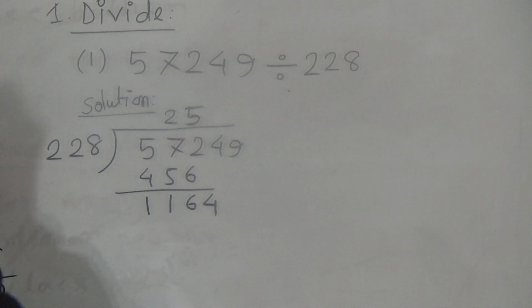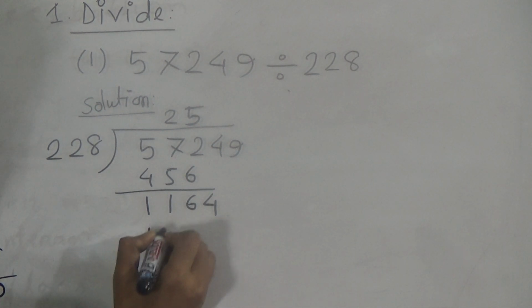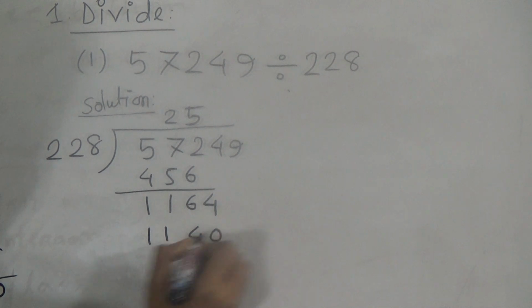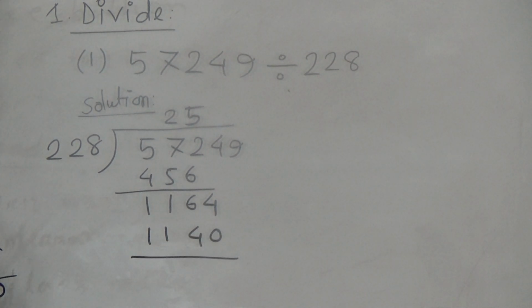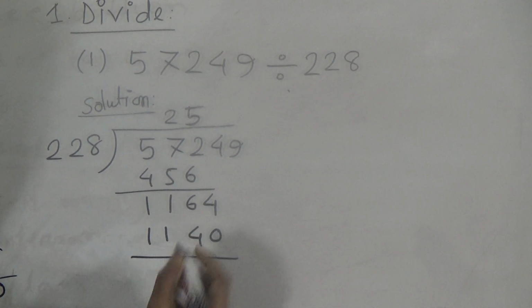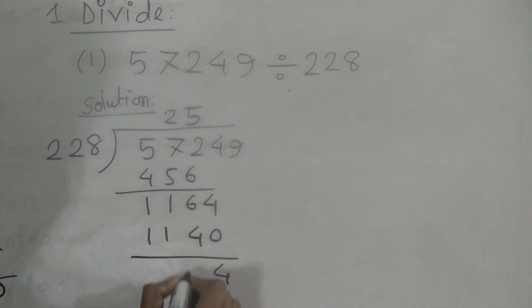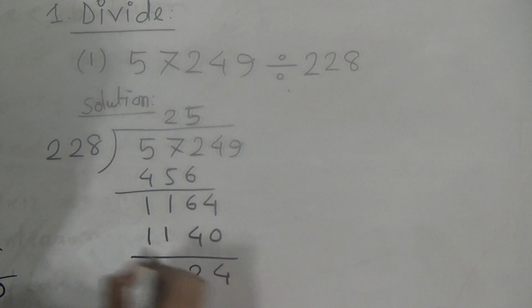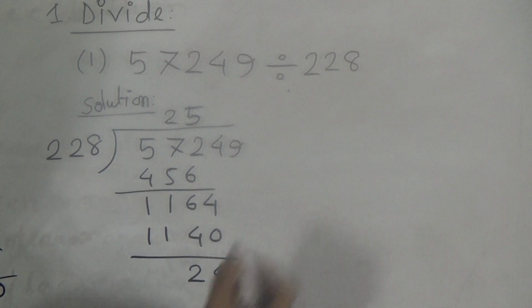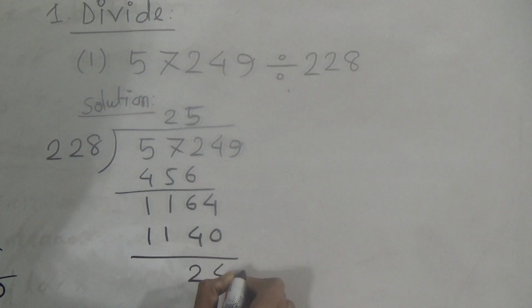You have 4 in your hand. 5 2s are 10 plus 4, 14, and you have 1. 5 2s are 10 plus 1, 11. Okay. Now write here 1140. Dear student, now subtract. 4, 6 minus 4 equal to what? 2. Now bring down this 9 in here.